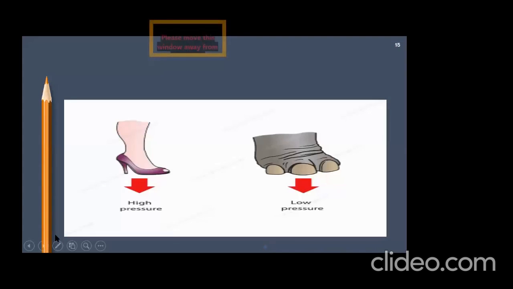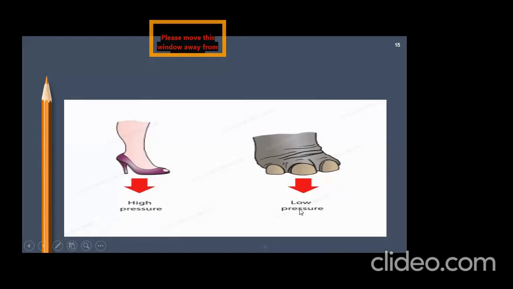Now here you can see one is the foot of an elephant. It is exerting low pressure, and another is the stiletto or the heels of the lady's shoes. It is exerting high pressure.